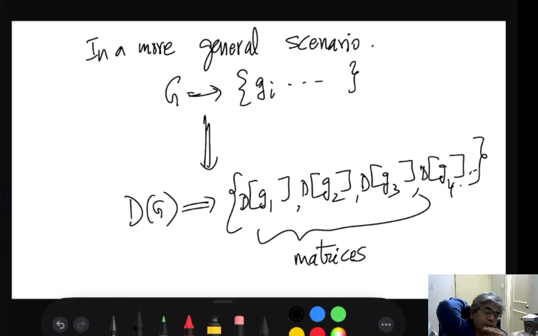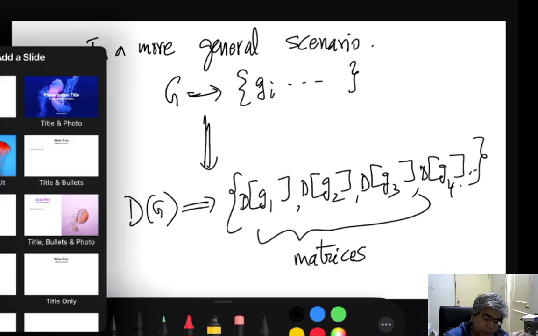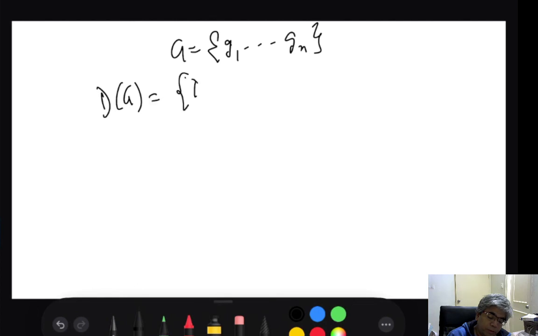So these representations can be of any dimension. This leads to some confusion in some cases, which we will see and which I'll try to resolve. So D of g1, up to D of gn.